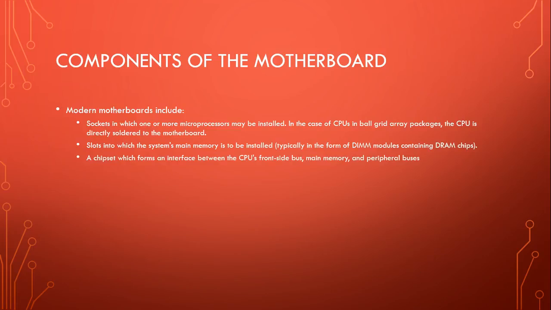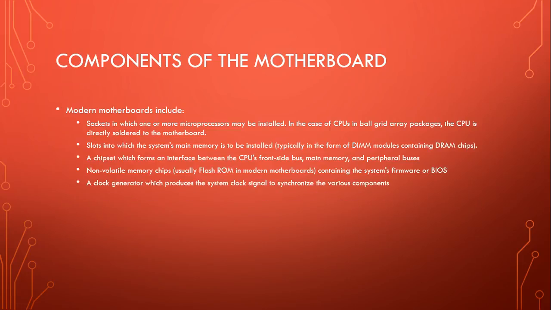You have a chipset which forms an interface between the CPU's front side bus, main memory, and peripheral buses. You have non-volatile memory chips, which is usually flash ROM in modern motherboards, which contains the system's firmware or BIOS. You have a clock generator, which produces the system clock signal to synchronize the various components.